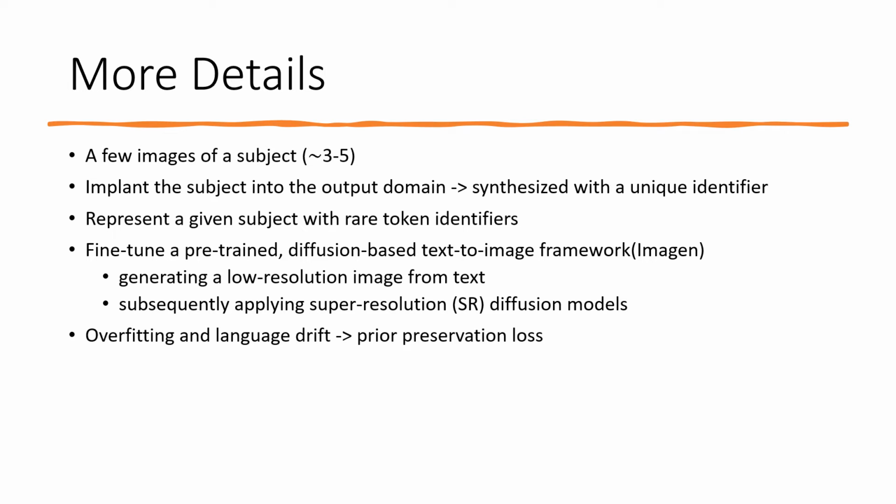Secondly, they fine-tune the super-resolution component with pairs of low-resolution and high-resolution versions of the input image. This allows the model to maintain high fidelity to small details of the subject.